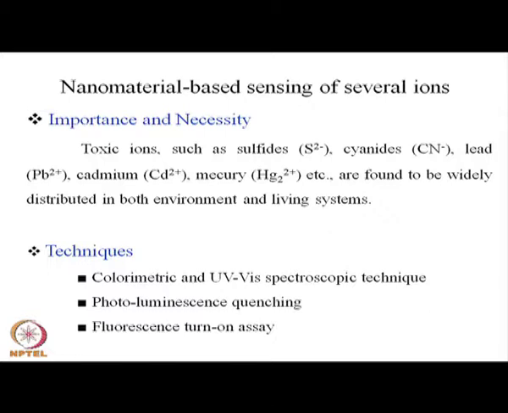So we are slowly coming to the point that in nanomaterial based sensing of ions you can use this photoluminescence quenching or the fluorescence turn on assay. In addition to that, you can use the colorimetric as well as the UV visible spectroscopic techniques.